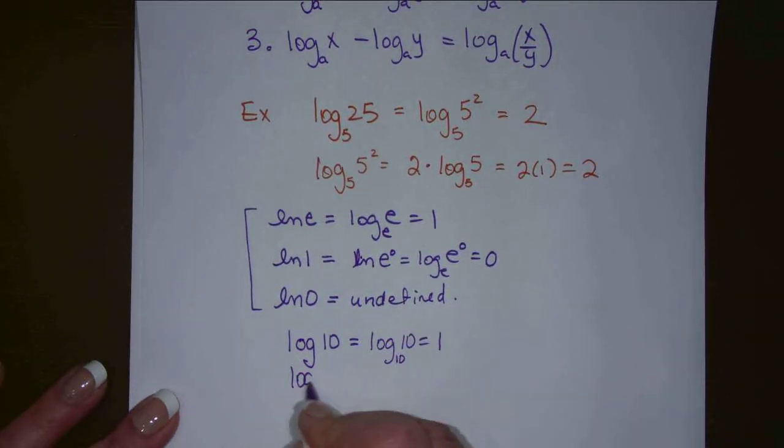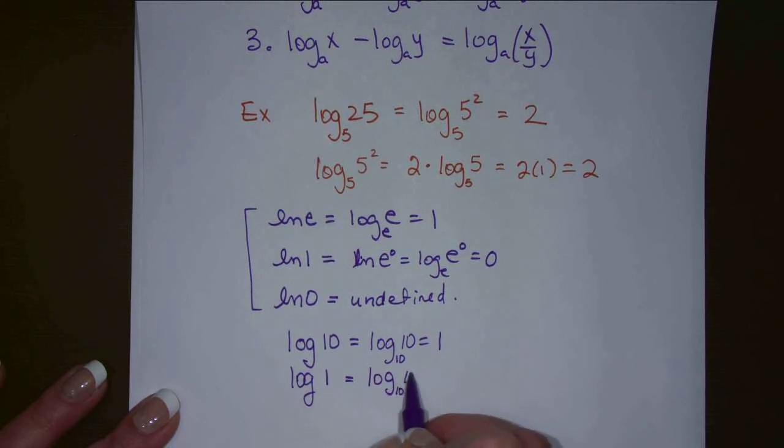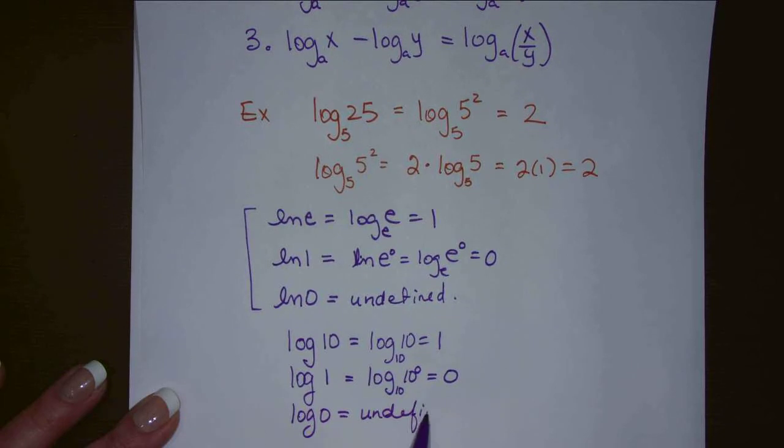What if I said log of 1? Any log of 1 is 0, because this is log base 10 of 10 to the 0, which is 0. Anytime you see 1 there with a log, the answer is 0. And anytime you see a log with a 0, the answer is undefined. Well, not really the answer, it just is undefined.